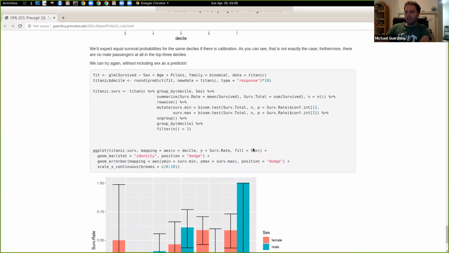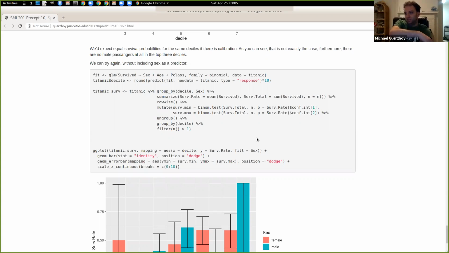So why might you expect that there would be calibration if you do include sex, but not if you do not include sex? The idea is this. If you're just looking at age and pclass, then because we know that females survive at a higher rate, you might expect that for the same age and same pclass, you'll underpredict the probability of survival for women and overpredict it for men if you are not using sex as a predictor.